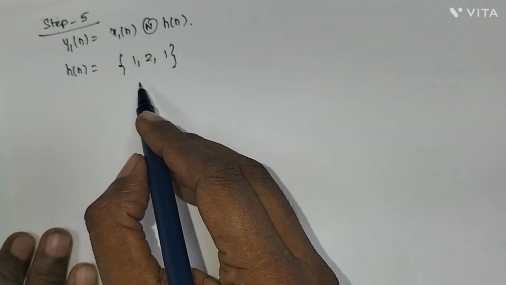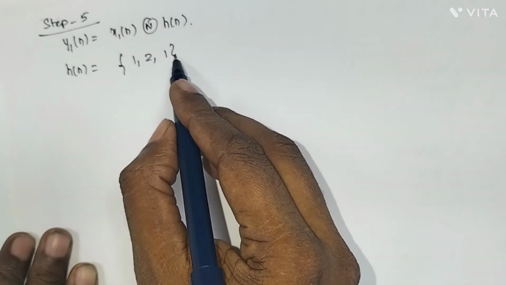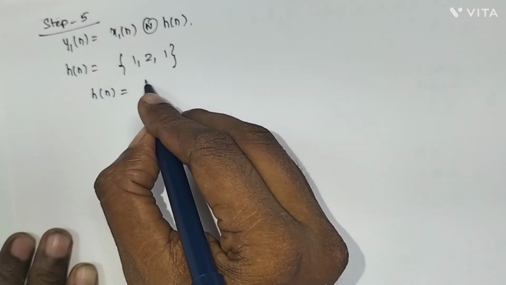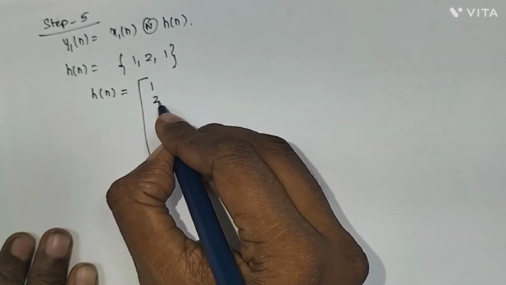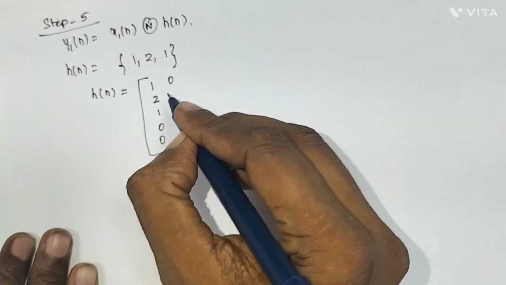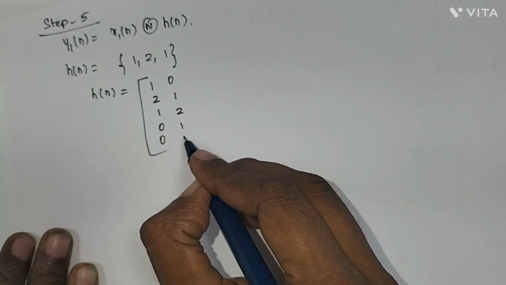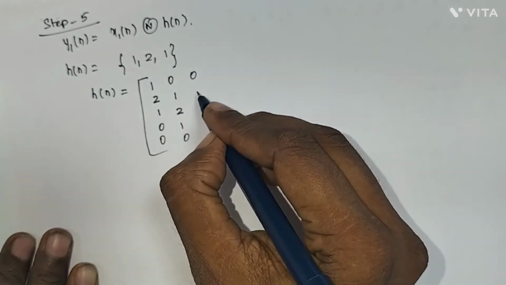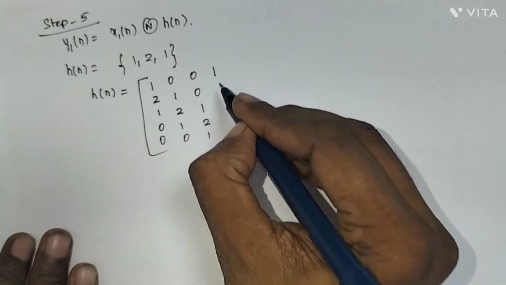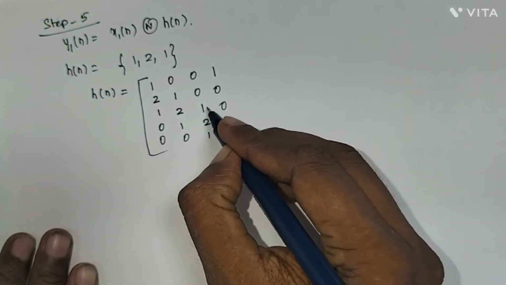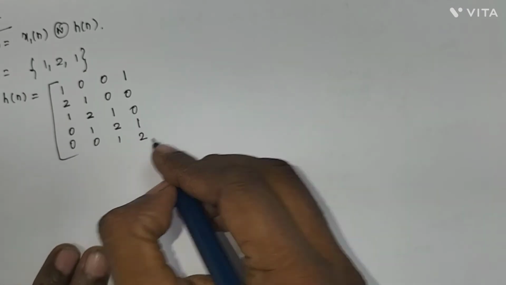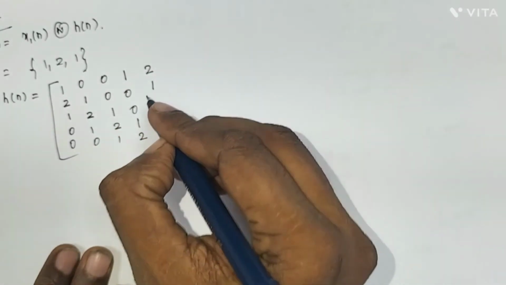So you have to add zeros. Okay, the circular convolution matrix for h of n is 1, 2, 1, 0, 0, then 0, 1, 2, 1, 0, then 0, 0, 1, 2, 1, again 1, 0, 0, 1, 2, again 2, 1, 0, 0, 1.